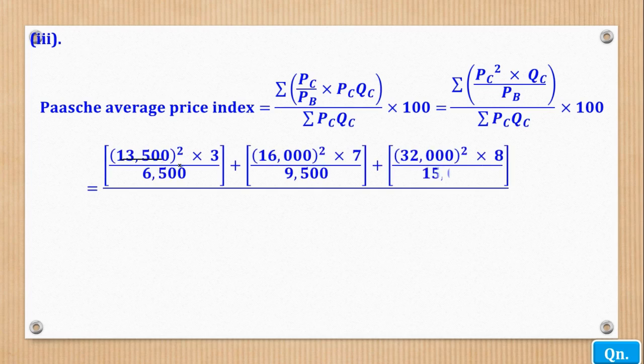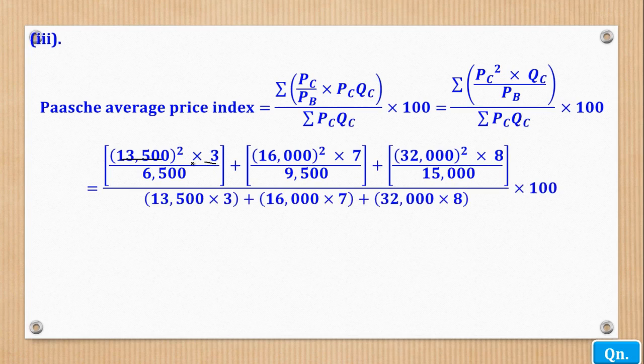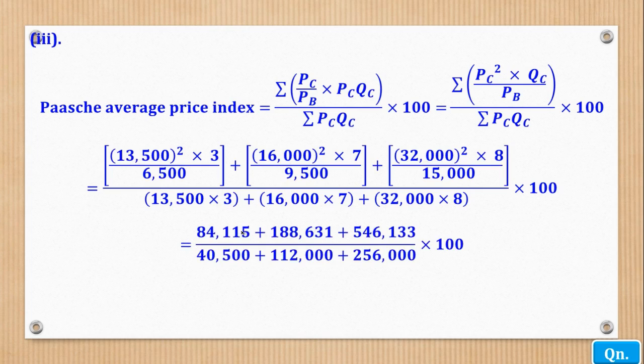So current price squared multiplied by the quantity in the current year, then over the base price. Current price squared, current year quantity, and base price. Current price squared, current quantity, and base price, like that. For the denominator, we use current price, base price, current price, base price, current price, base price. Then we shall simplify using the calculator, simplify further, and then come up with the answer they want. That was Roman 3.